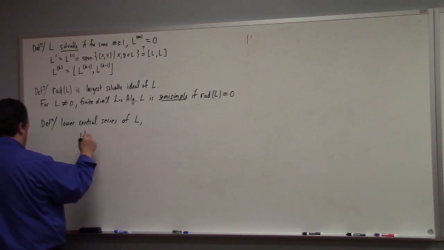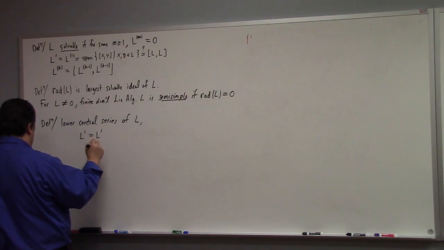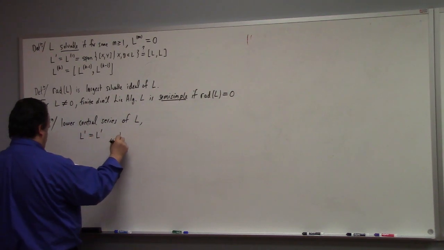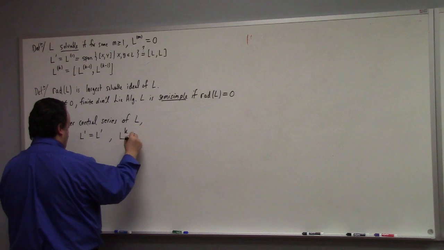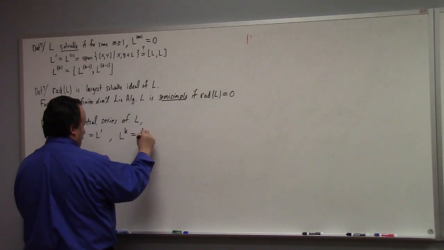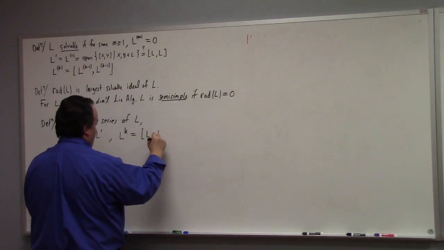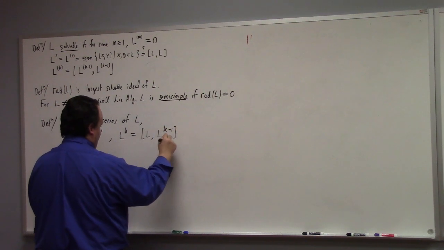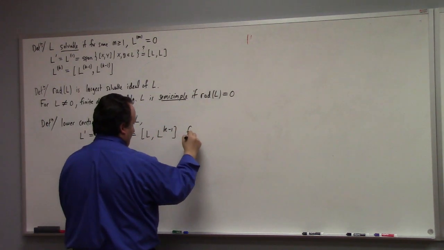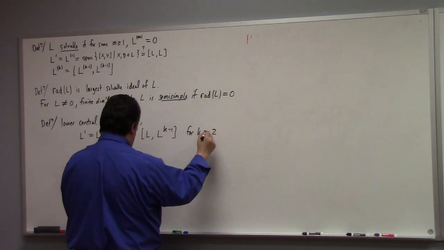L1 is equal to L prime, and LK is the bracket of L with LK minus 1 for K greater than or equal to 2.